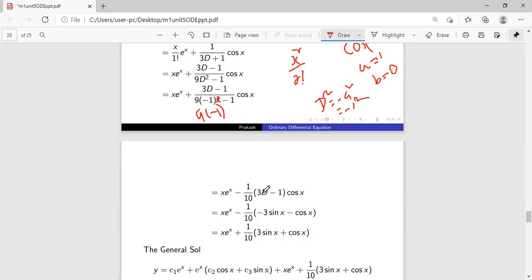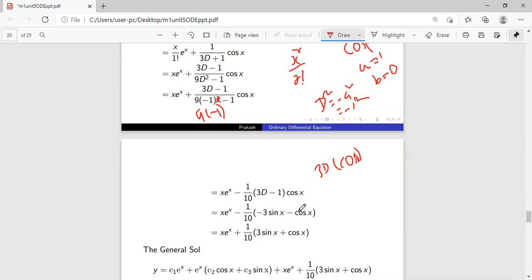In 3D cos x, D means you differentiate with respect to x. Therefore, differentiating cos x, we get -sin x. Already we have 3, so I am writing here -3 sin x.